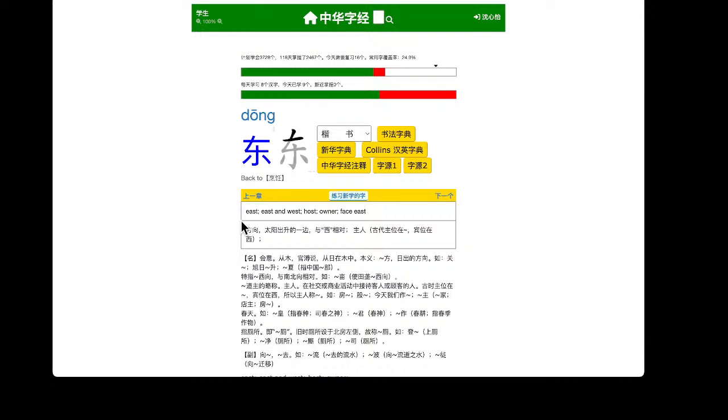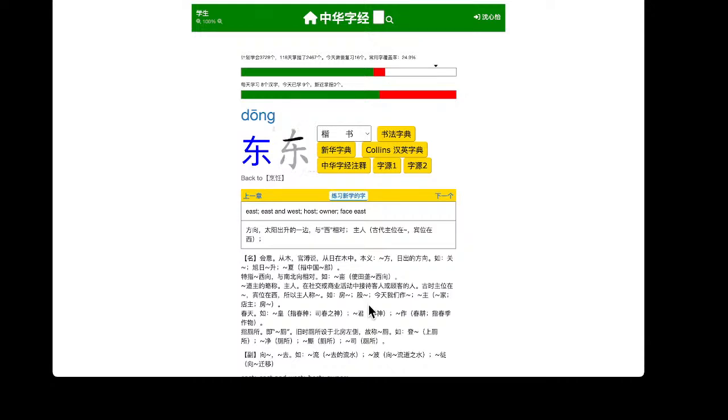And so therefore in Chinese they use 东 to refer to owner. Okay, so therefore there are phrases like 房东, which means landlord, 股东, which means shareholders. Okay, so this is another meaning.